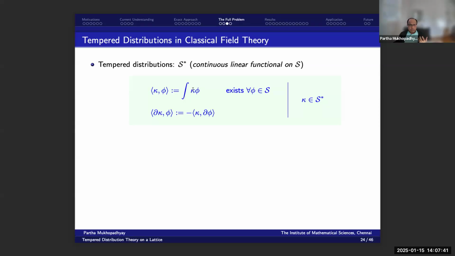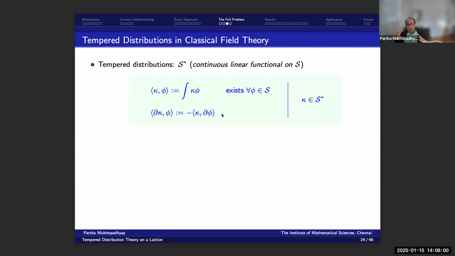Since it does not have a function description, you cannot apply the limiting definition of a derivative of kappa, but this distribution theory allows you to define the derivative of kappa in this way. It is the negative of the inner product between kappa and the derivative of phi.